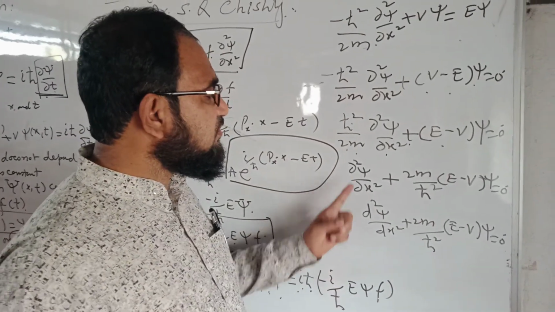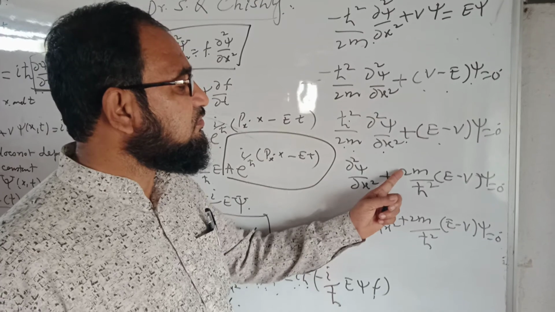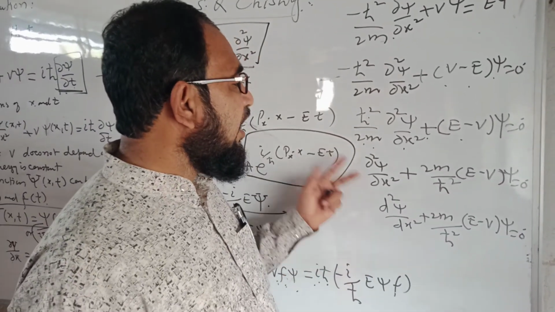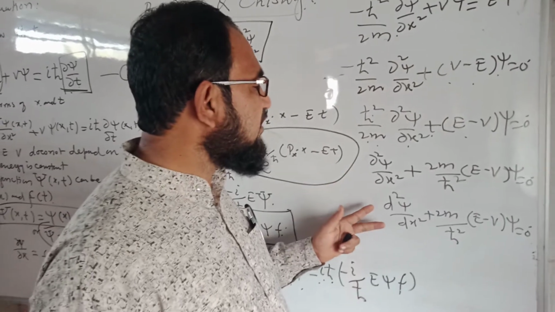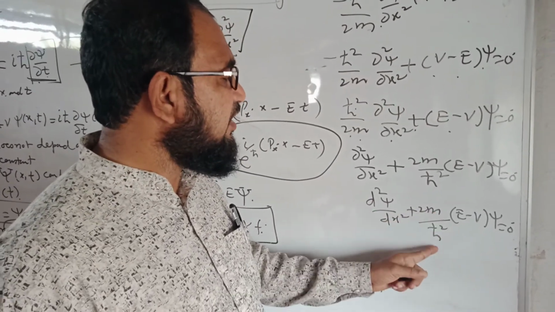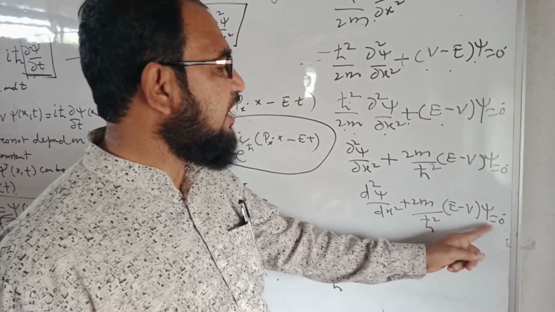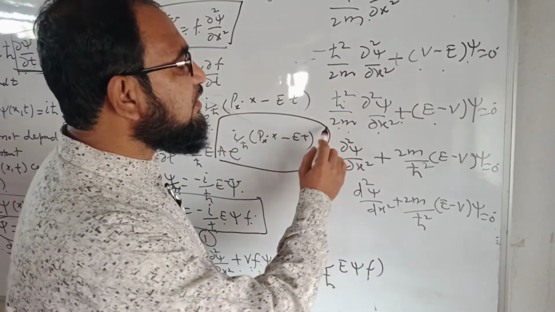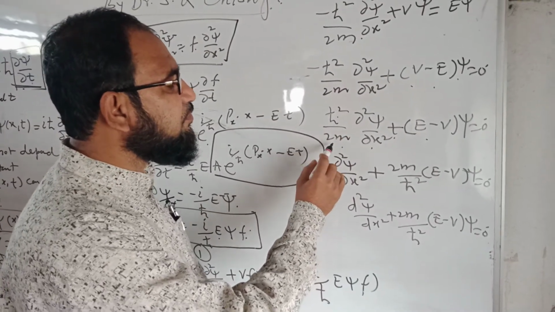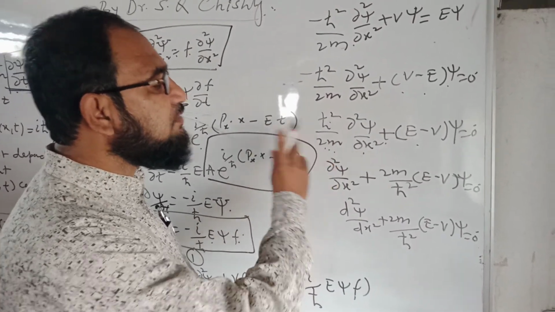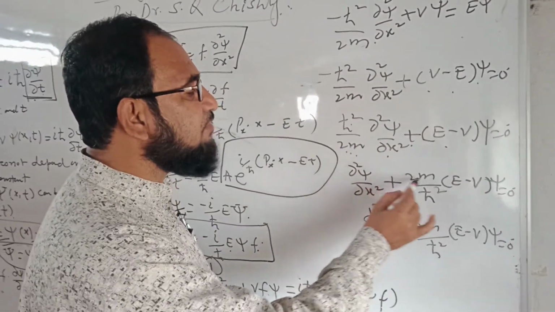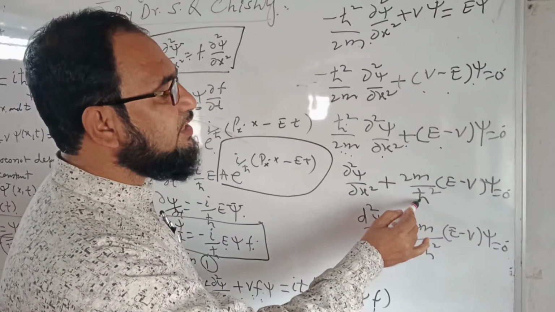So you will get ∂²ψ/∂x² plus 2m/ħ² (E - V)ψ is equal to 0. In final terms, this equation can be written as d²ψ/dx² plus 2m/ħ² (E - V)ψ is equal to 0. Now I am eliminating this ħ²/2m by multiplying the complete equation by its reciprocal, 2m/ħ².